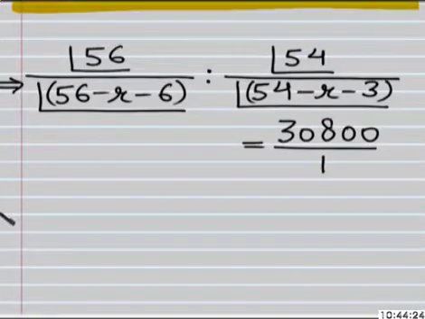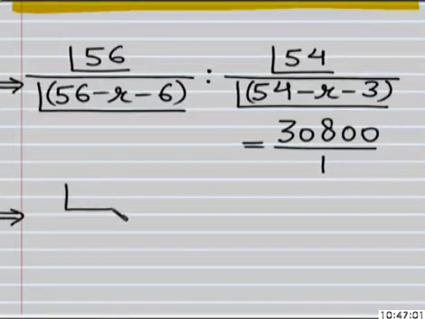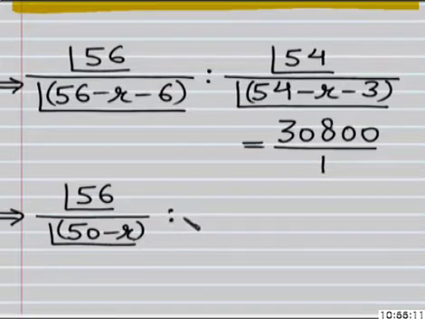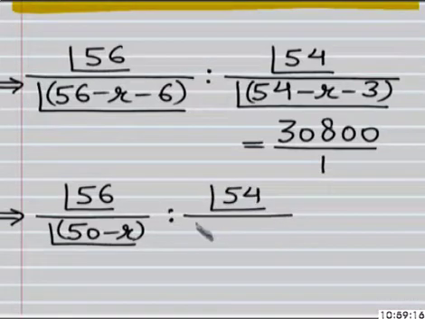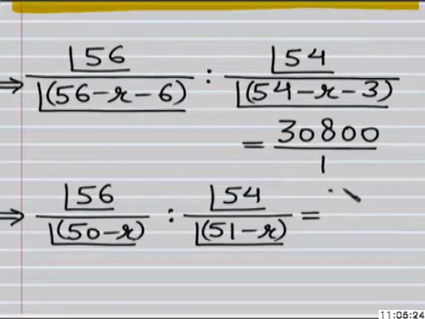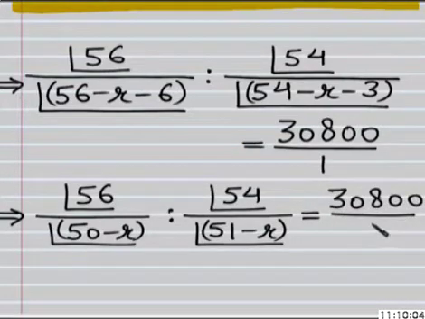So, this implies 56 factorial whole divided by (50 minus r) whole factorial ratio 54 factorial whole divided by (51 minus r) whole factorial is equal to 30,800 upon 1.